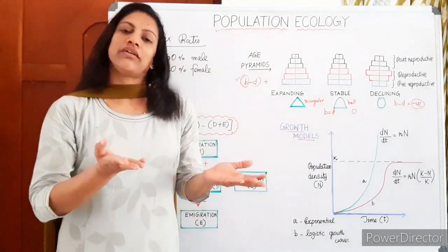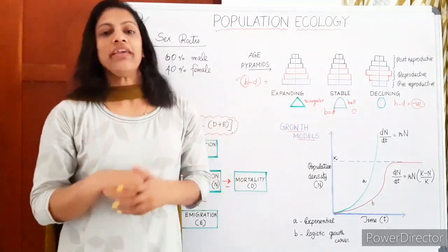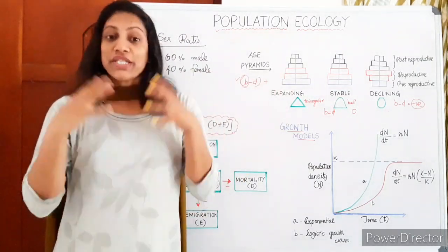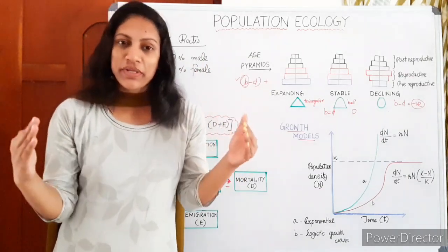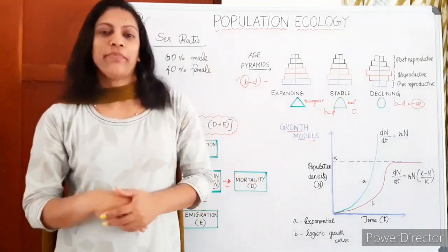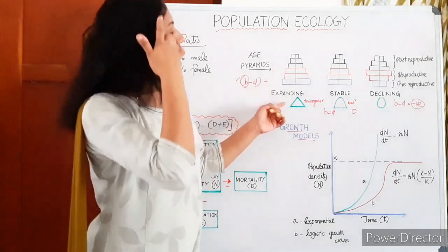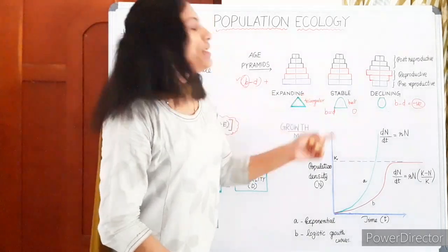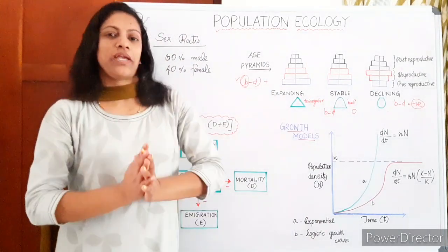Then that population's sex ratio will also be revealed. So an age pyramid is the pyramid representation of age groups or age distribution of a population. The three types of age pyramids are expanding triangular shape, stable bell shape, then declining urn shape.